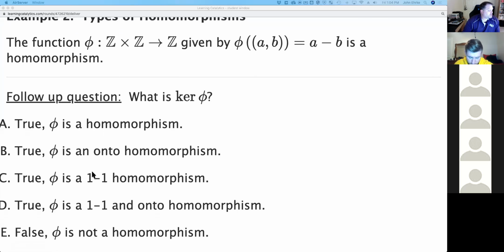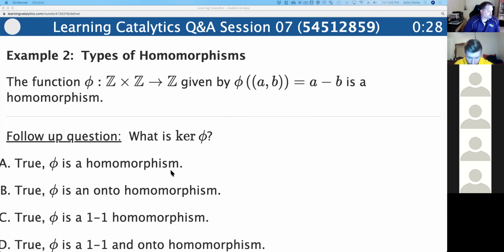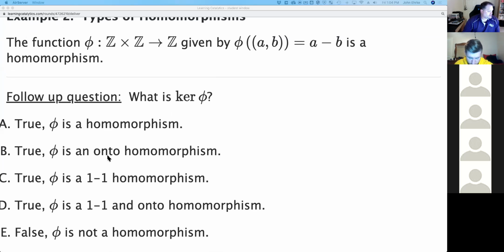And if it is a homomorphism, what type of homomorphism is it? You can have a homomorphism, an onto homomorphism, a one-to-one homomorphism. You can have a homomorphism that's both one-to-one and onto, which would make it an isomorphism, or it could not be a homomorphism. So when we talk about homomorphisms, there are many possible types, and I want you to tell me which type this is.